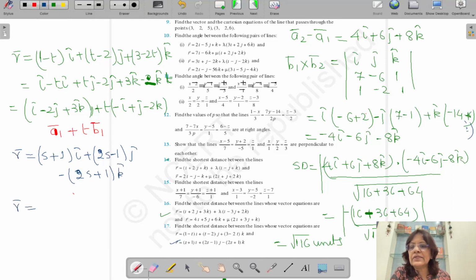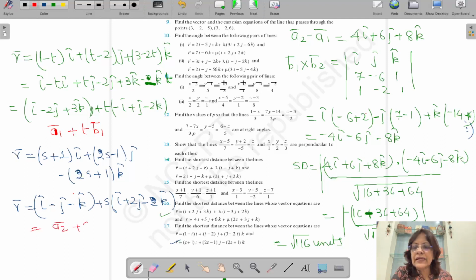It will be written as r is equal to i minus j minus k, that is one part, plus s times i, from here 2s into j, so plus 2j, and from here s is taken out common, minus 2k. So this is r is equal to a2 plus s times b2.